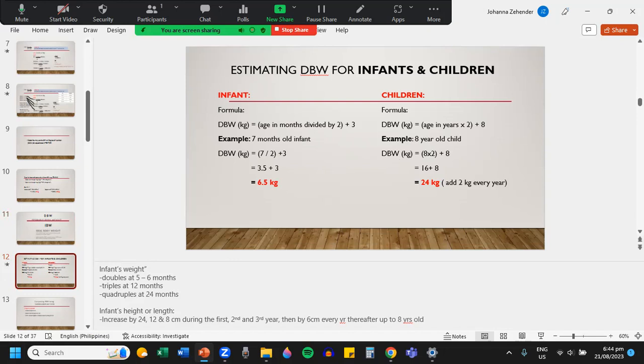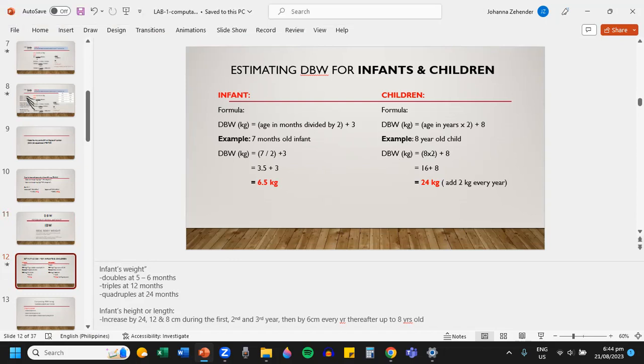So we have different methods of estimating the desirable body weight according to a client's age. Here we have estimating desirable body weight for both infants and children. For an infant, the desirable body weight will be computed in this manner: age in months divided by 2 plus 3. The example here is a 7-month-old infant.